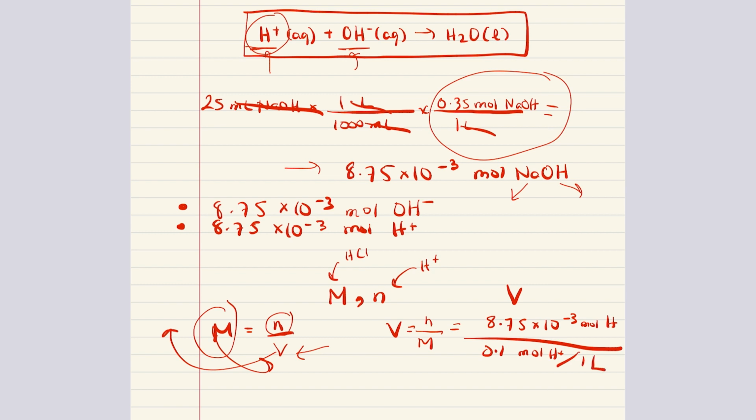All right, and now if we calculate this, what we get for our volume is 8.75 times 10 to the minus 2 liters. All right, that is the volume of 0.1 molar hydrochloric acid solution that's required to neutralize 25 milliliters of a 0.35 molar sodium hydroxide solution.